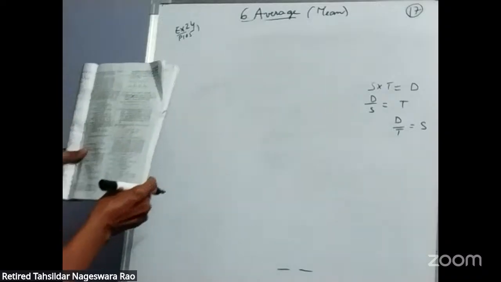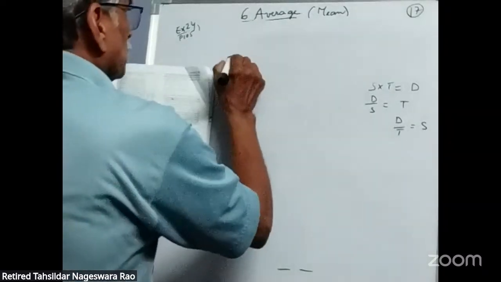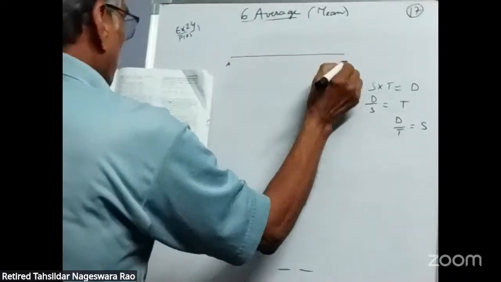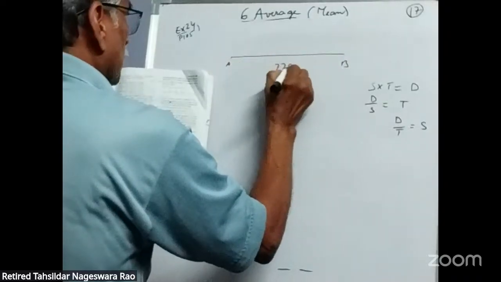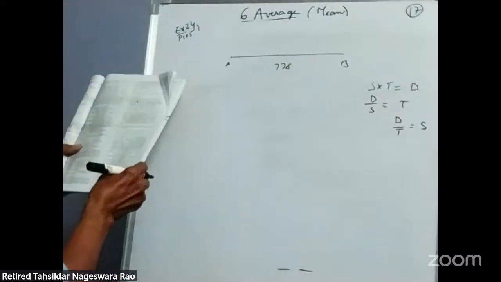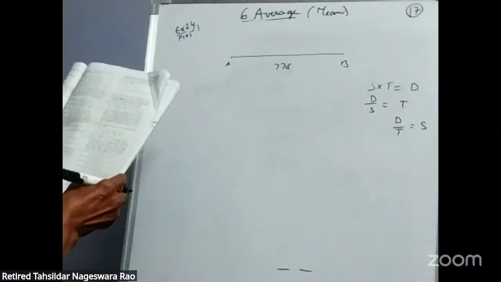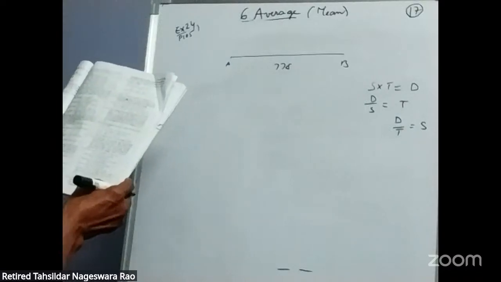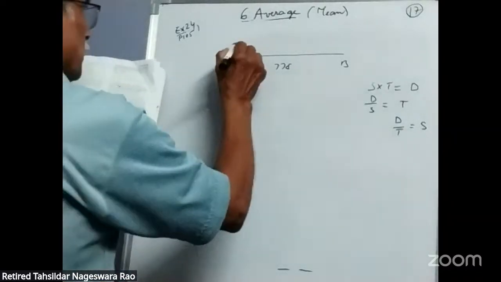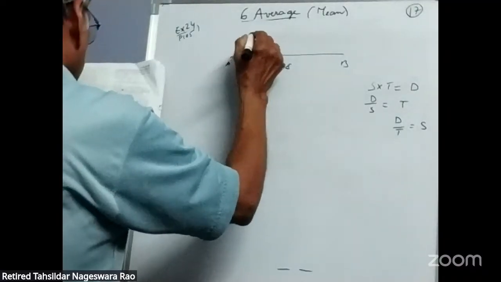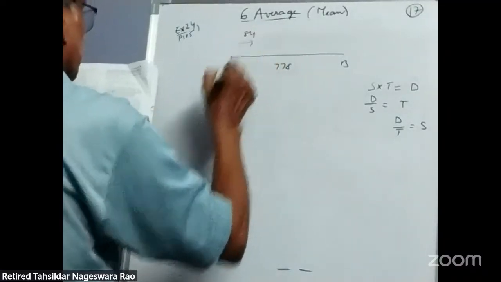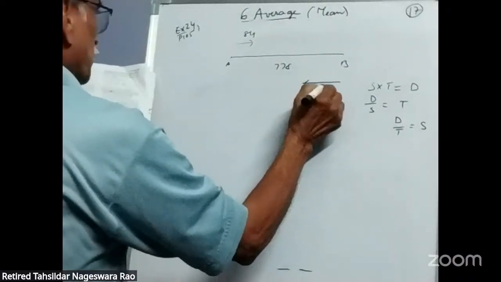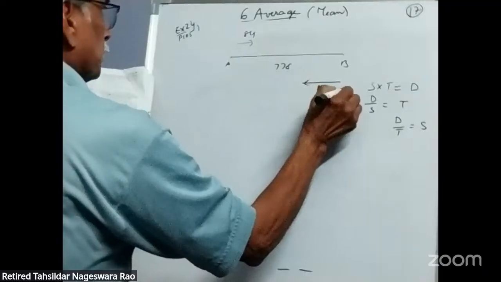2 stations A and B, just replication. A and B 778 kilometers. The train covers the journey from A to B at 84 kilometers per hour. Return journey 56 kilometers per hour, kmph.